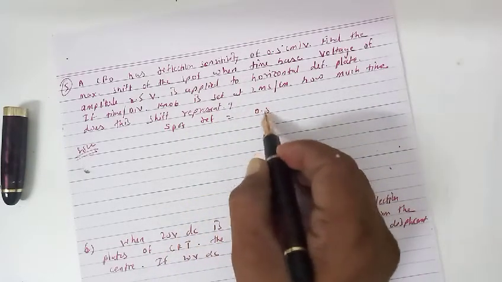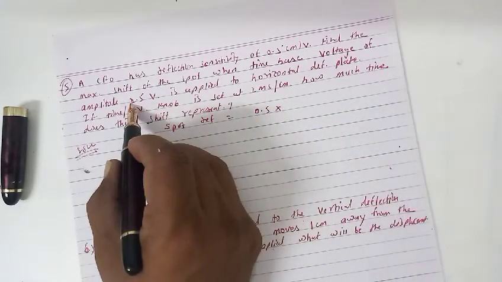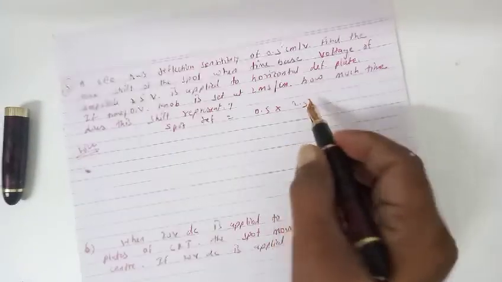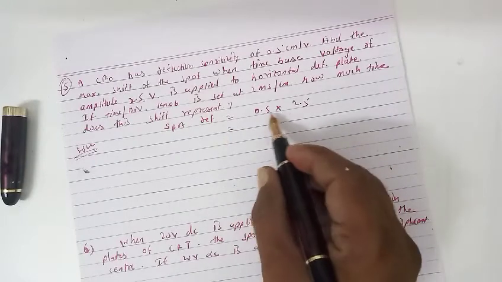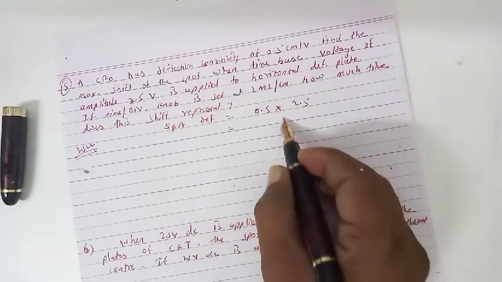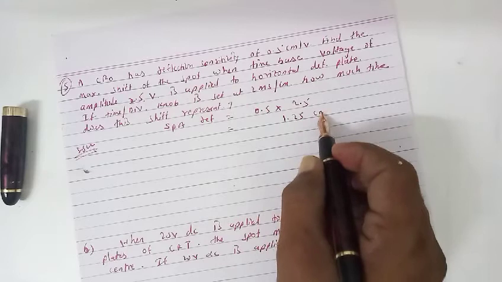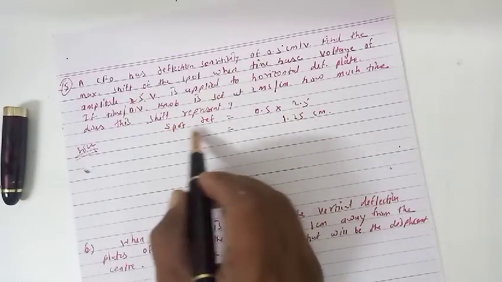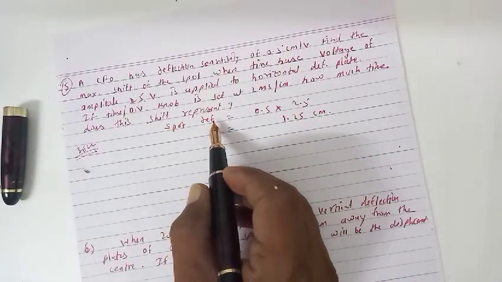So 0.5 multiplied by the applied voltage, 2.5. So 0.5 into 2.5, you will be getting 1.25 centimeter. This much the spot is deflected.